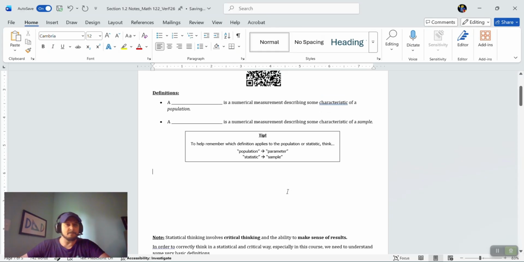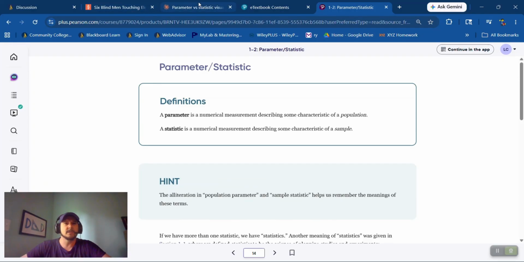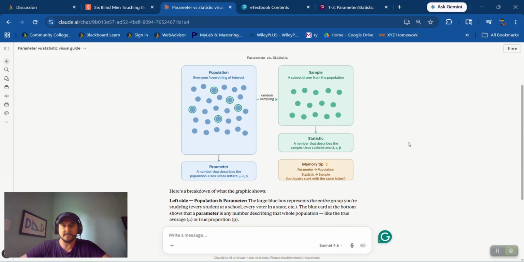All right, so I'd also like to give a little visual of this just to really drive the point home. So I'm going to go to Claude, and I did this right before I hit the record button. This is just a graphic describing the differences between a parameter versus a statistic.